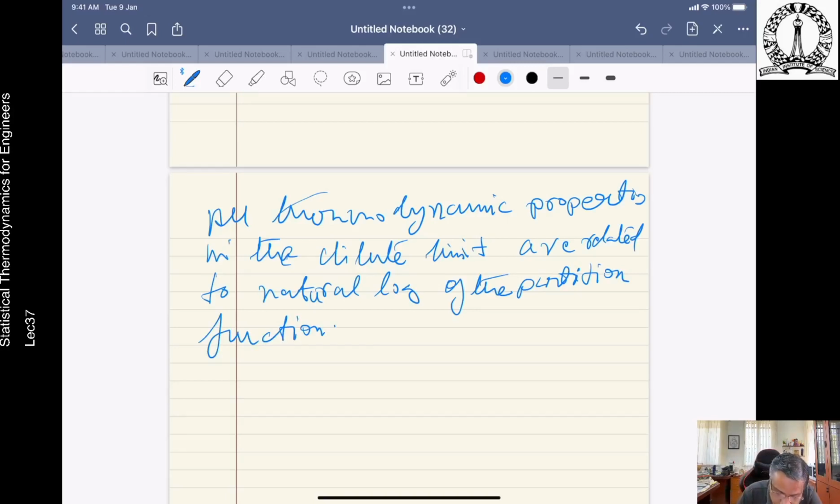So if you recall, our Z, which was the partition function, was written as the sum over j of g_j e to the power of minus E_j by kT.